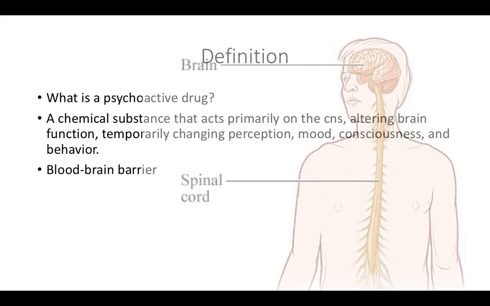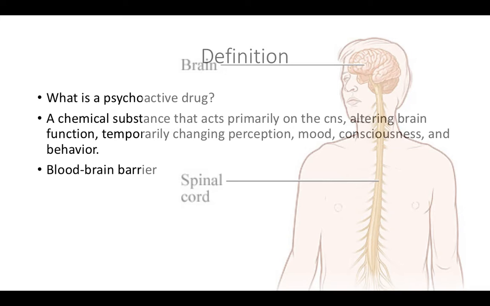Some chemical substance that acts primarily on the central nervous system, altering the way your brain operates, maybe changing mood, perception, consciousness, or behavior. Any psychoactive drug has to get through the blood-brain barrier. We ingest a lot of toxins or potential toxins into our body that get into our bloodstream.